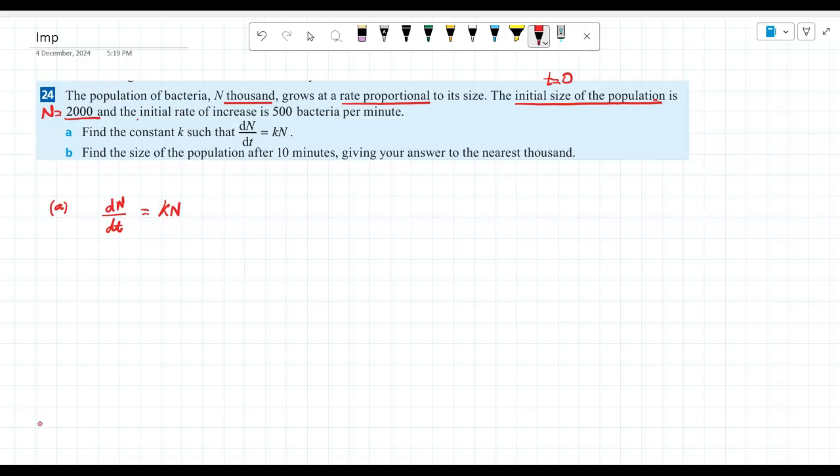And the initial rate means dn by dt when t is 0 is 500. So 500 equals k times 2000, so k is equal to 1/4. So my equation becomes dn by dt is equal to 1/4 n.